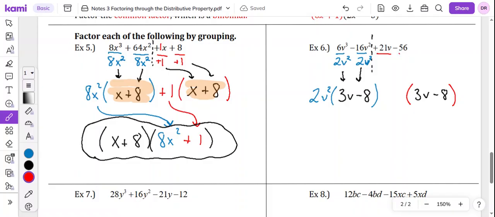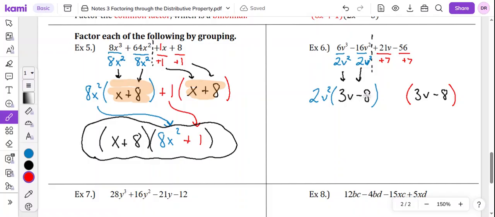When we look at 21 and 56, it might not be apparent that we can divide them both by 7, for example. But I know 7 is the number I want, positive 7, because 21 divided by 7 gives me this first value of 3. And we still have the v remaining. And likewise, negative 56 divided by 7 gives us negative 8 to match the first half.